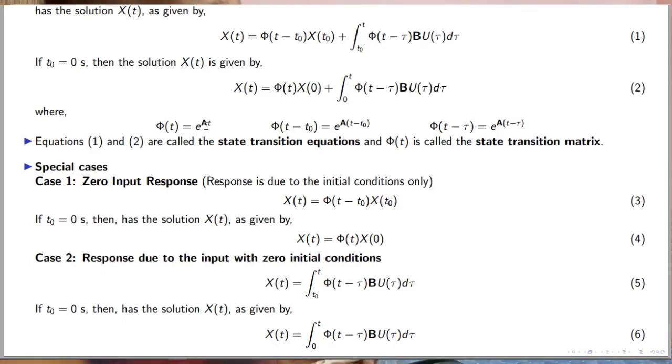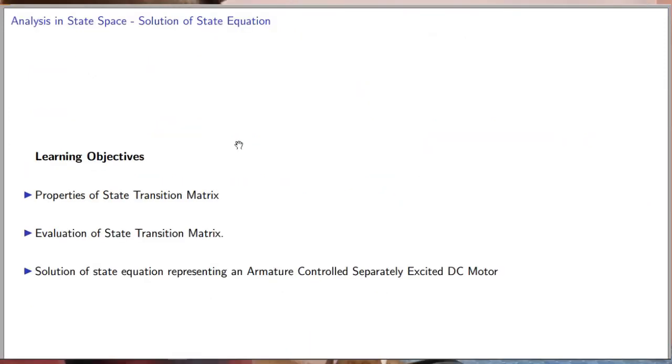Okay, now the important term in the entire set of equations is this state transition matrix phi of t. This class we are going to focus a little on this state transition matrix. So what we are going to see are the properties of the state transition matrix and how I can evaluate it.